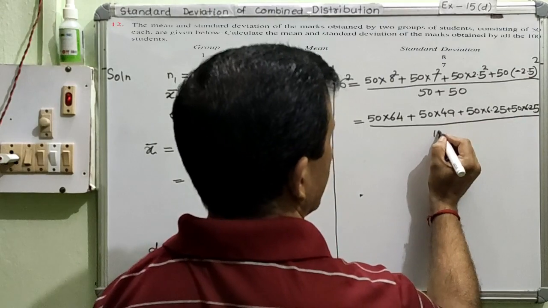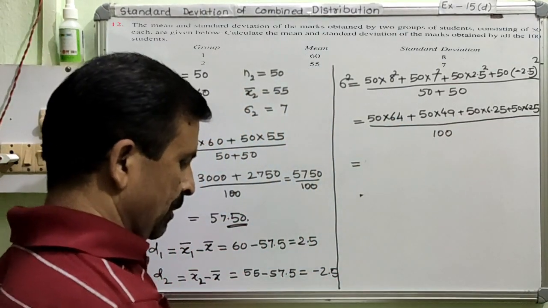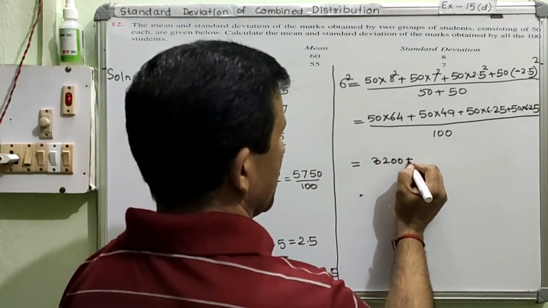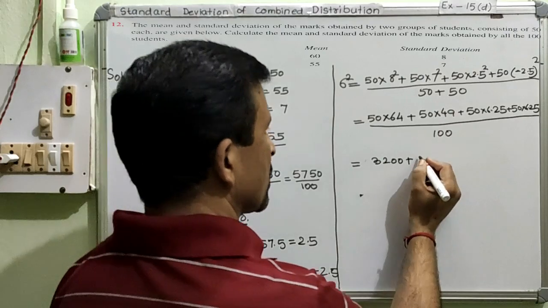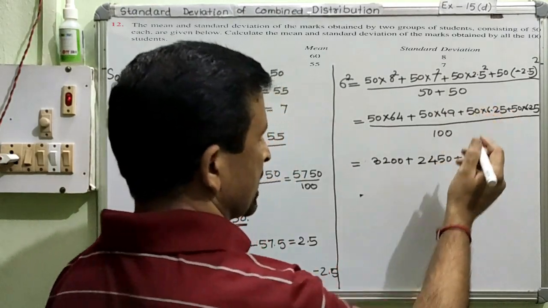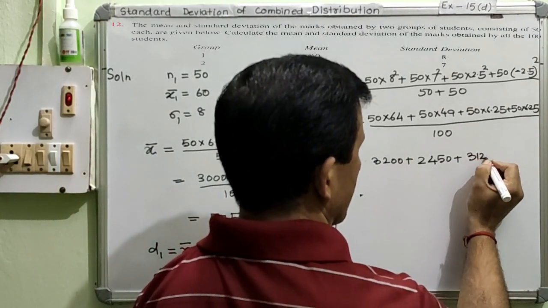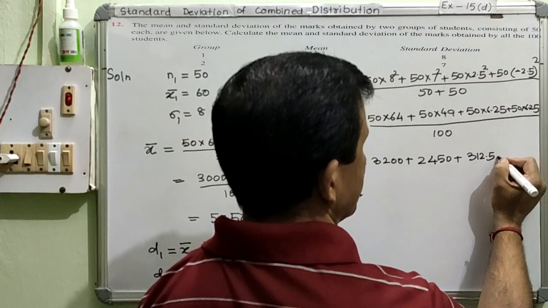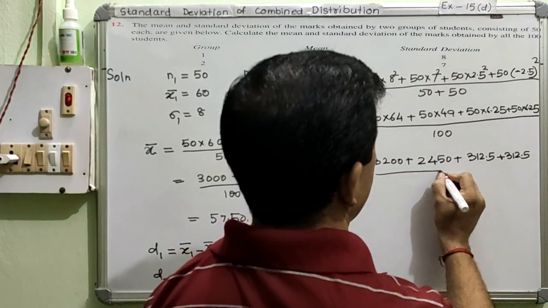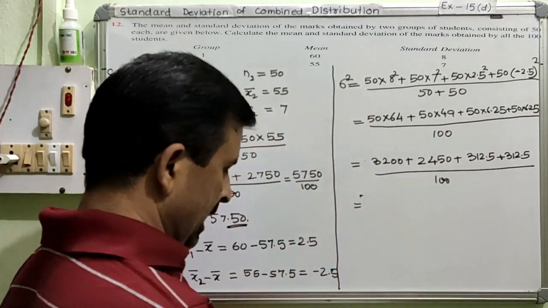Divided by 100, now 64 into 50 is 3200, 49 into 50 is 2450, plus 6.25 into 50 is 312.5, and this also will be the same 312.5, divided by 100. Is this very clear?